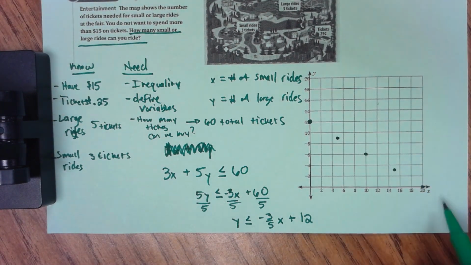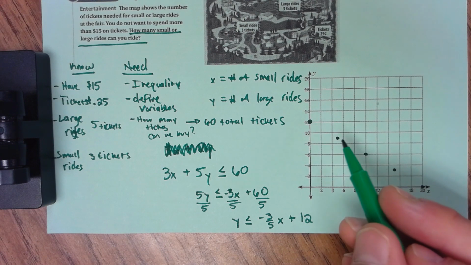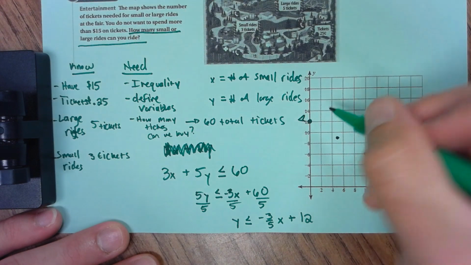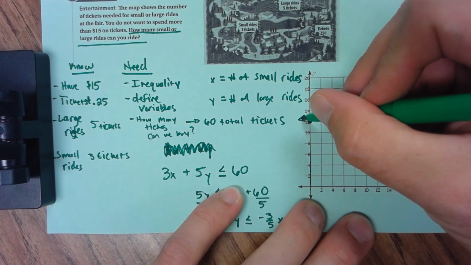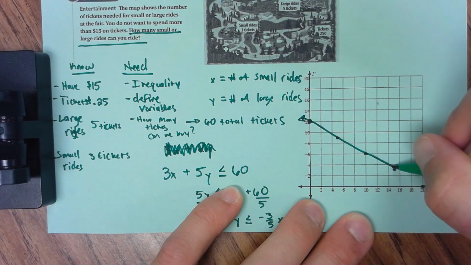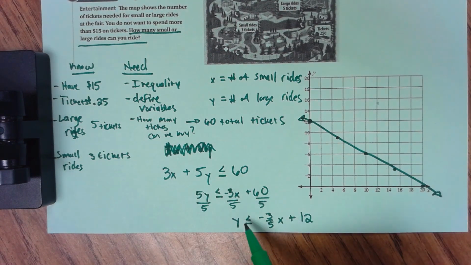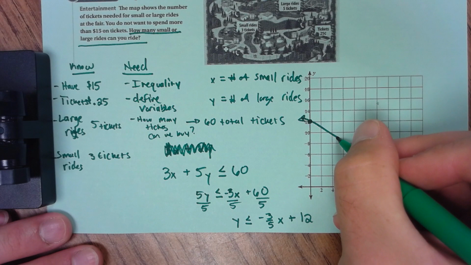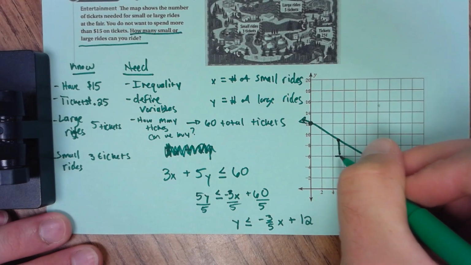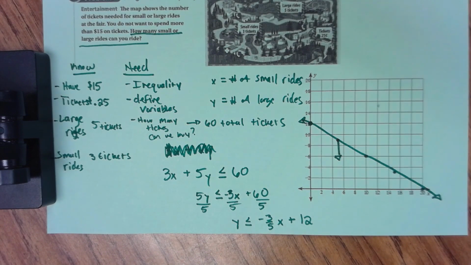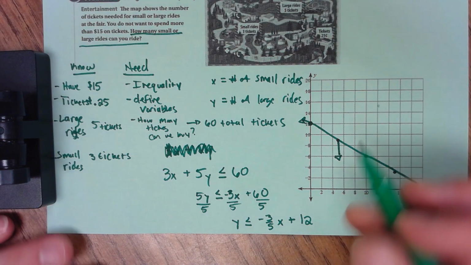Since we have less than or equal to and can spend the maximum amount that we have, this is a solid line. And then with this being less than, if I just pick a point and draw an arrow below that line, that is the less than side that we will shade.